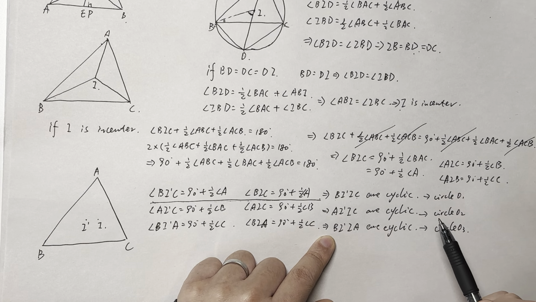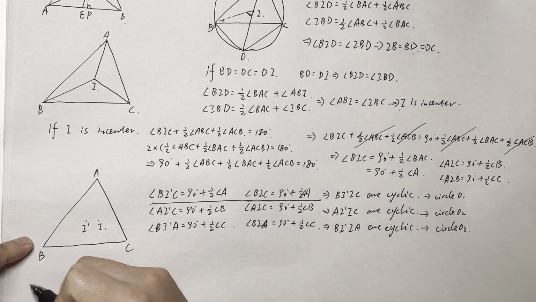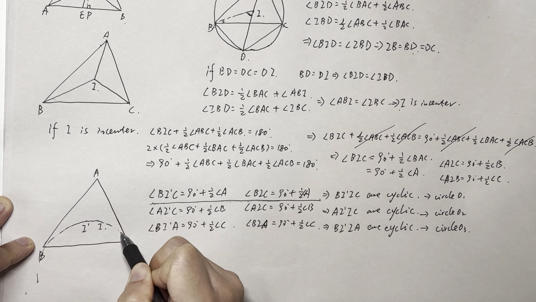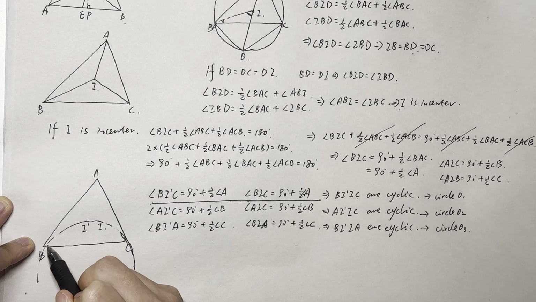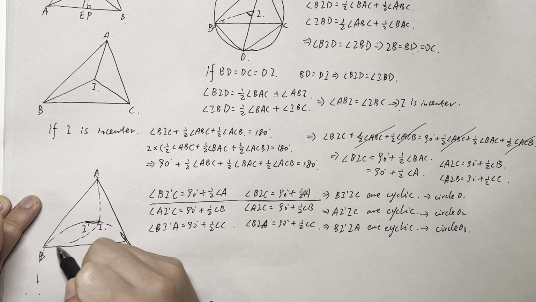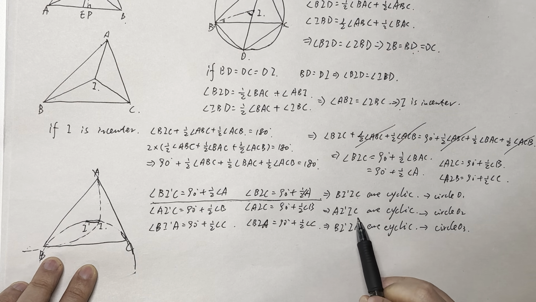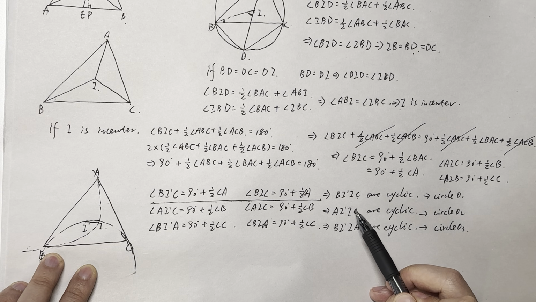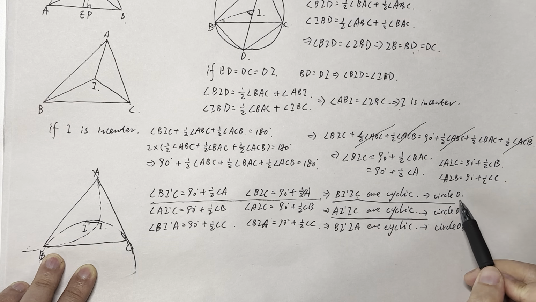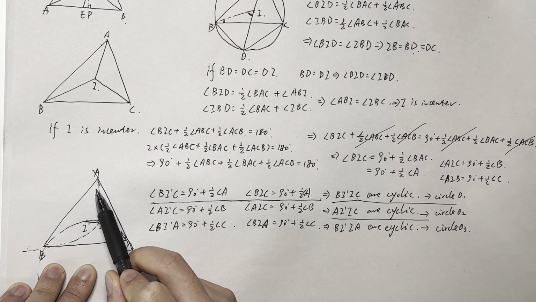So if we look at these two, circle O1 and circle O2, they have 3 common points.